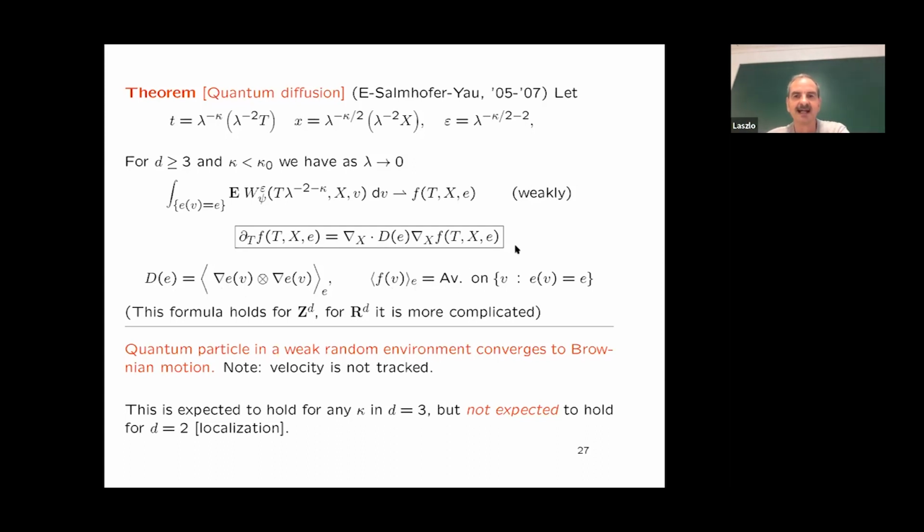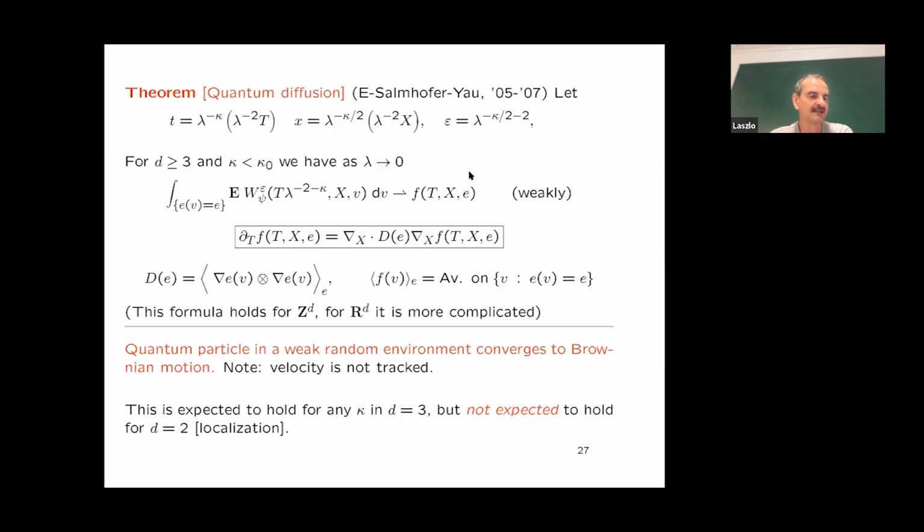Let me emphasize that we can do this up to a certain kappa, and the kappa is a small number, it's 1/100. Although the whole thing is expected to hold for any kappa, basically for infinite kappa up to infinite time, for d equals 3, but it's not expected to hold for d equals 2.